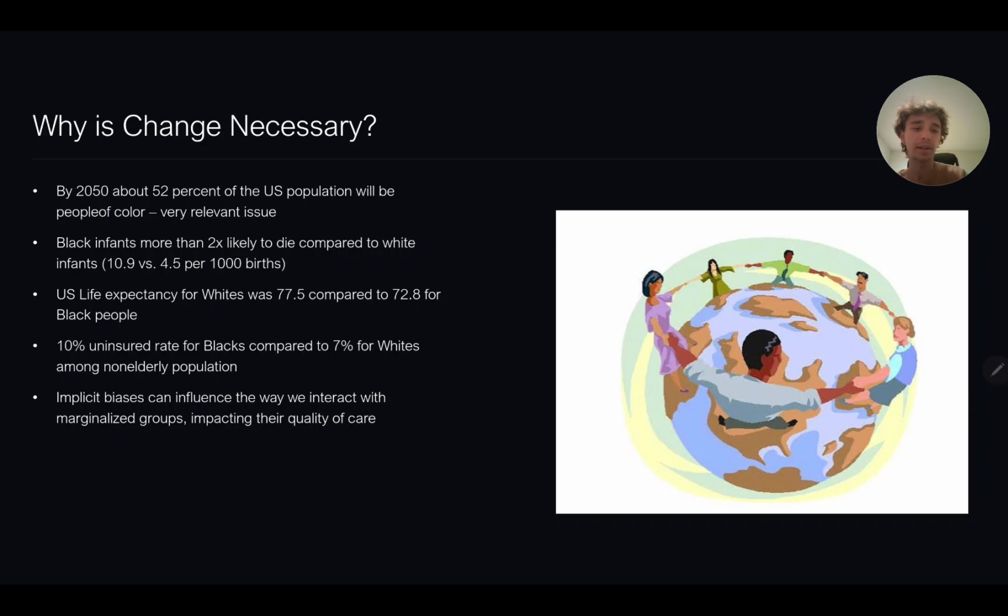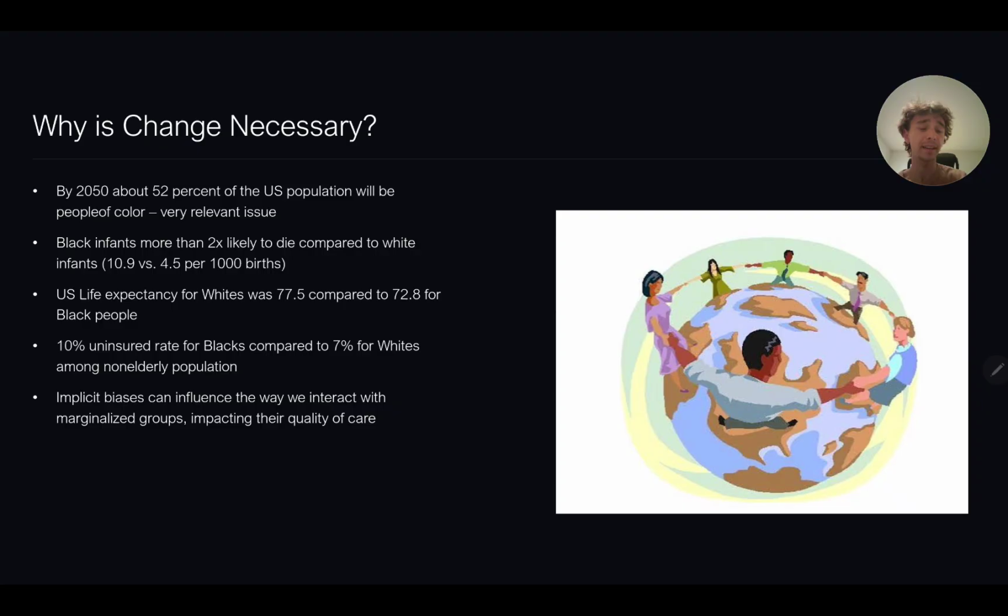And another direct reflection of those implicit biases and healthcare disparities as a whole involves life expectancy between white and Black Americans, because for white Americans, the life expectancy is almost 5 years higher compared to Black people.